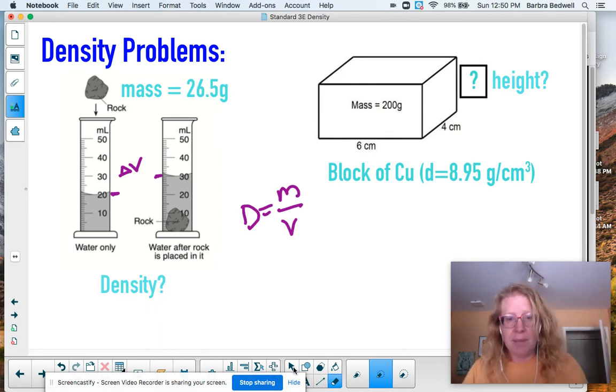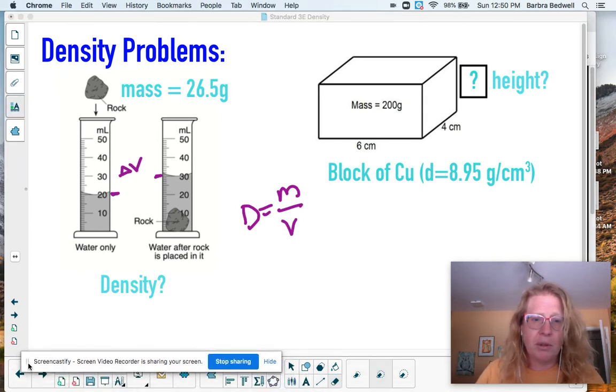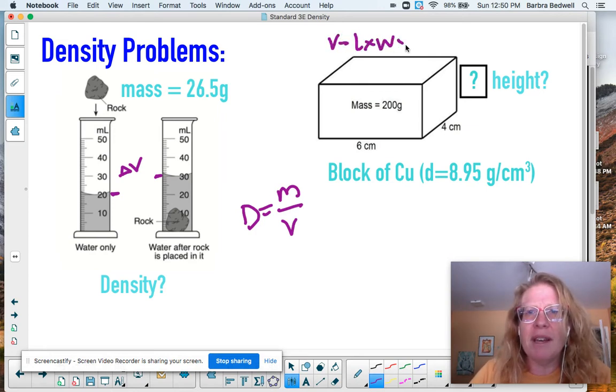On the right side, this one depends on you remembering a little bit of middle school geometry, which is the concept of how you find the volume of a cubic thing, a rectangular prism, I think is what they call it. Remember, volume equals length times width times height.